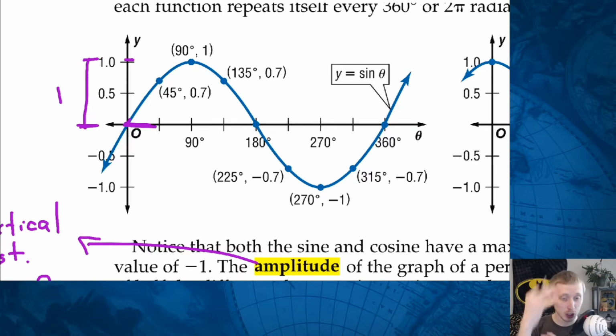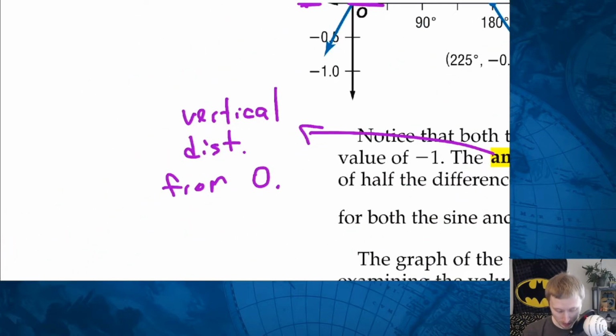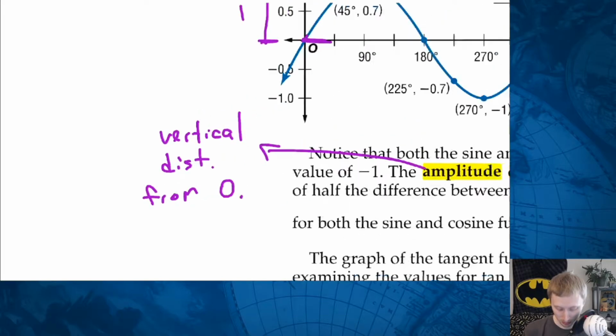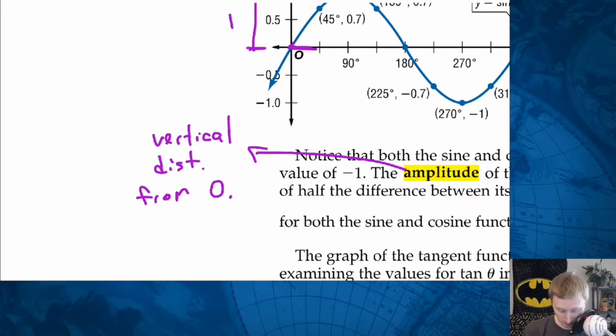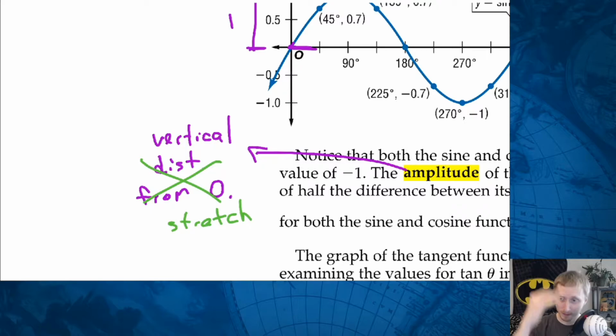Okay, how can you affect the amplitude? This is a vertical stretch, just like any other graph. Multiply the entire function, and that will stretch it vertically.